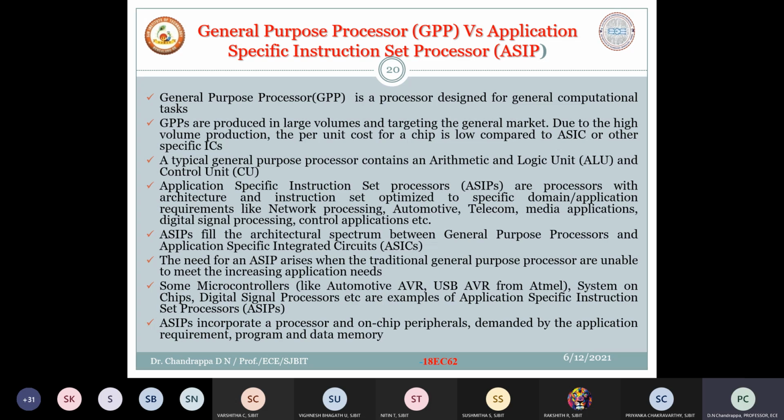We are going to control some of the operations. For example, in our vehicles, the ABS system is available. It's one controlling system. This is one specific application. For these specific applications, you have to write a specific instruction set for that processor or that controller.